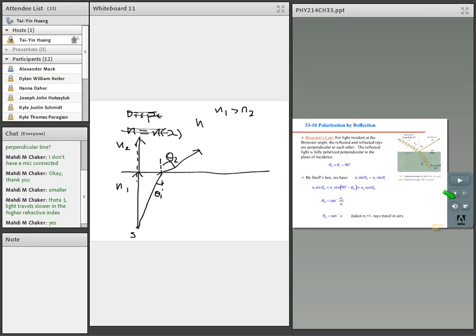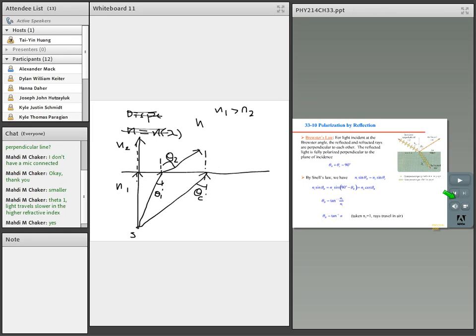Now imagine that you study the propagation of every single light ray with progressively larger theta 1. When theta 1 gets larger and larger, we know that theta 2 is going to get even larger and larger. So there's going to be a point where this happens. Let me draw a vertical line here. That's my normal. So at a certain angle, this angle is called theta C, the critical angle.